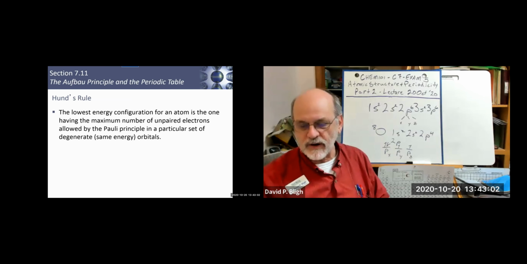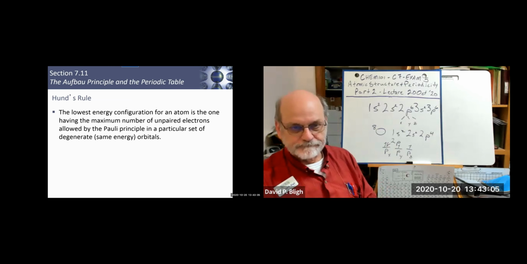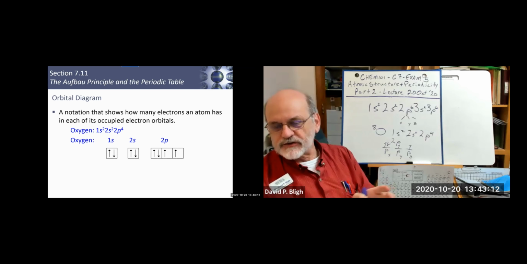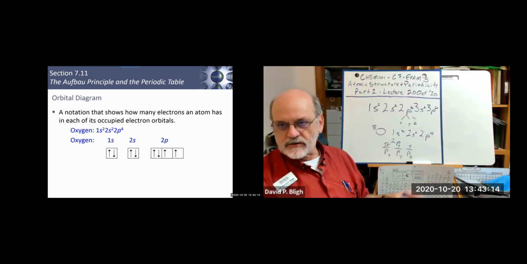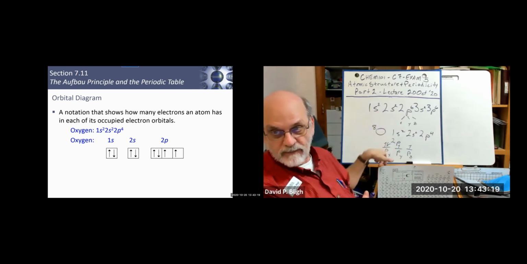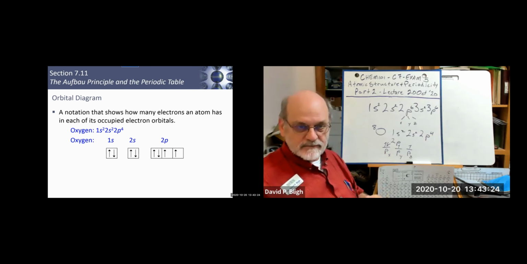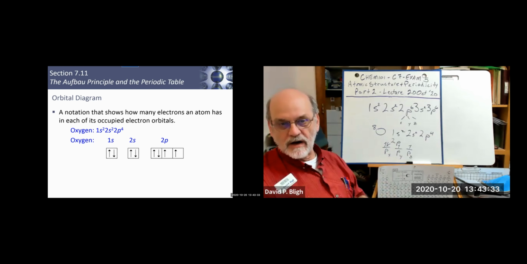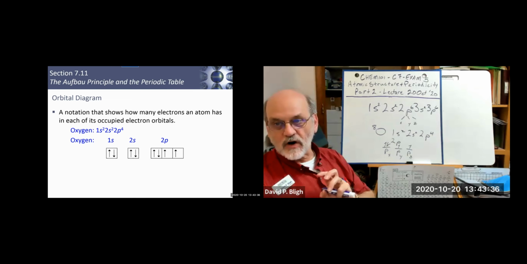Then you can go back and start pairing them up. So that's what this represents. The authors like to use these boxes with arrows in them. That's too much. I don't want to write all those boxes. So I just put a line and an up arrow or a down arrow. Plus 1/2, minus 1/2. Spin. Okay? So that's oxygen. And that's known as the electronic configuration or the orbital diagram. It's a shorthand way of describing where the electrons are in the atom.